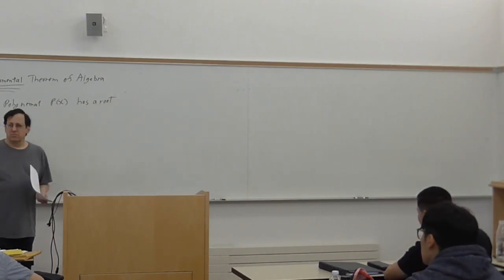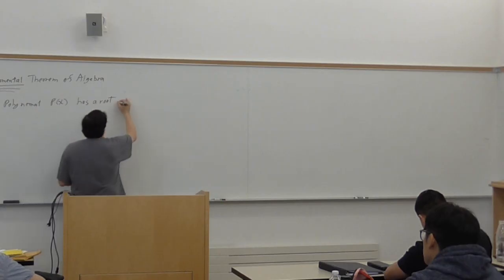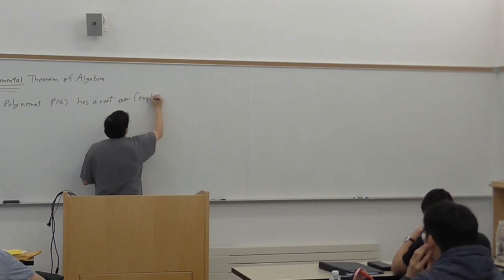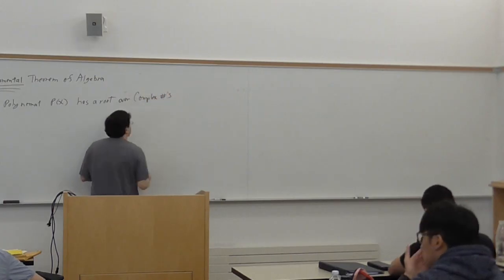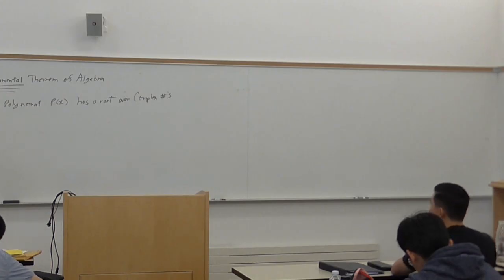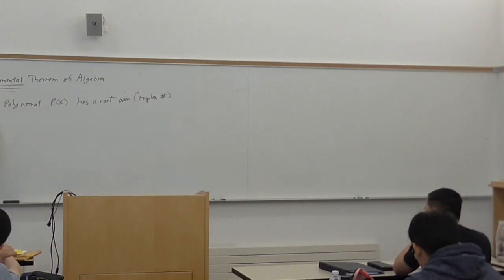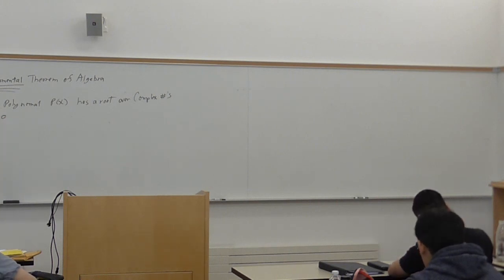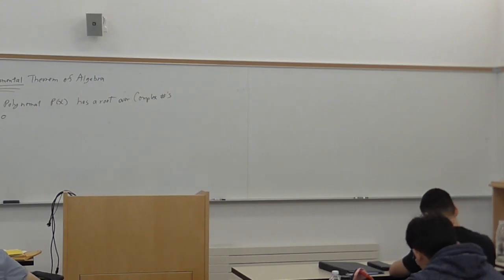Or reading the book, it'll say it has a root over the complex numbers. Now, it might not have a real root, but every polynomial has a root. That is, there's some c, p of c equals 0. It doesn't feel complete. We need a little more. And in fact, we're going to talk about the more right now.